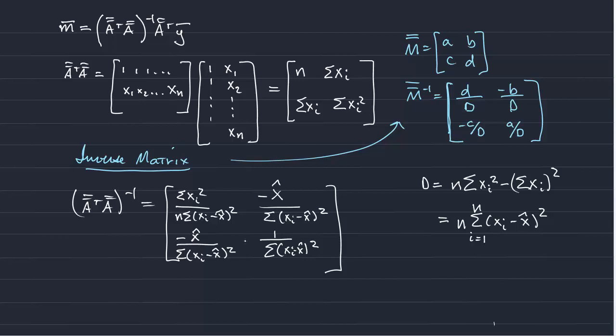And I'm showing this for a couple of reasons. The second of which we'll talk about later, but the first of which is for you to see that the model coefficients, remember m was a1 and a2, those solutions are going to be functions of these sums.